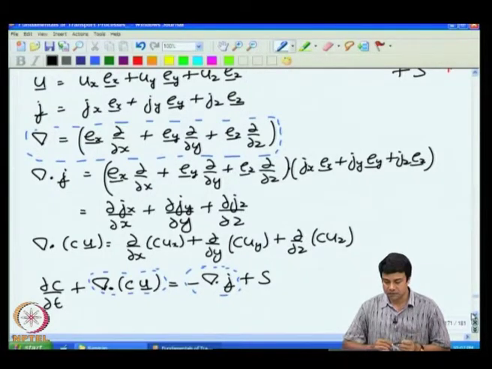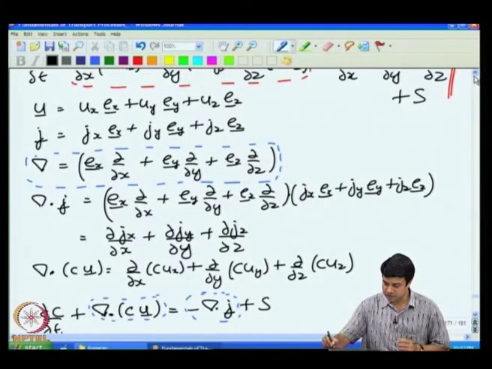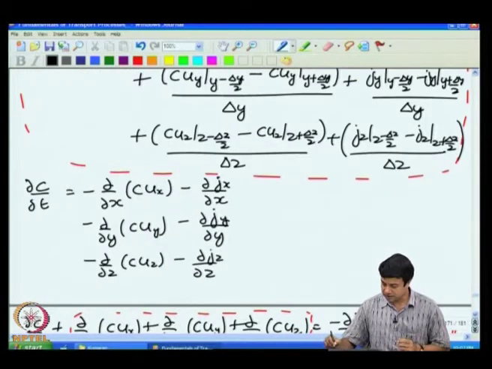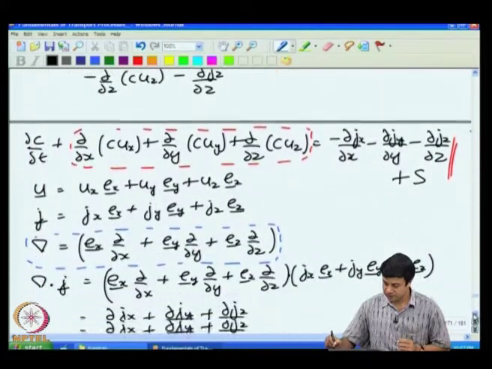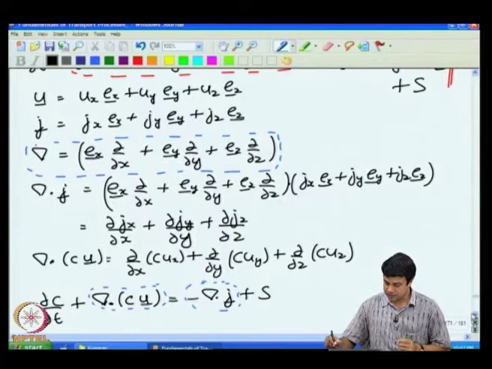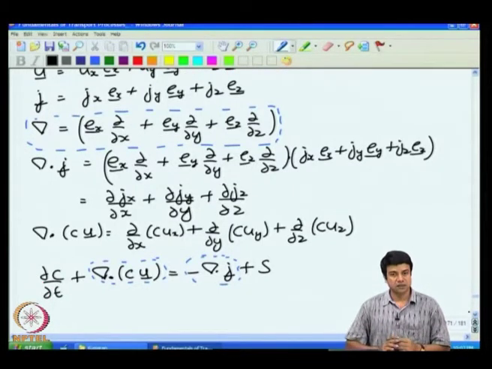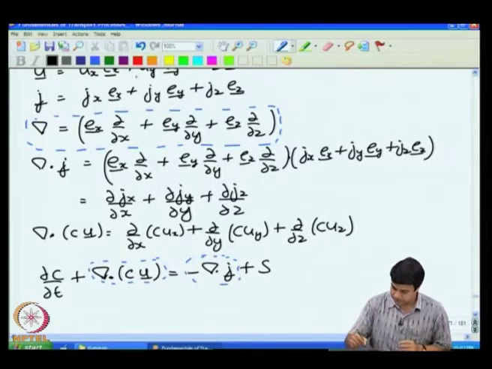So, you take the dot product of this gradient operator and the flux, del dot j, and you end up with partial of jx with respect to x plus partial of jy with respect to y plus partial of jz with respect to z, which was exactly the negative of the term that we had on the right hand side. Therefore, the term on the right hand side was minus the divergence. Del dot is called the divergence.